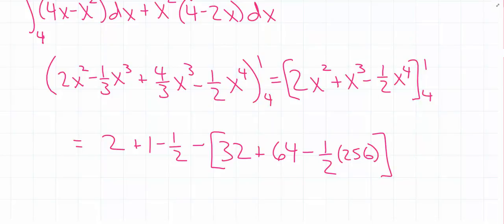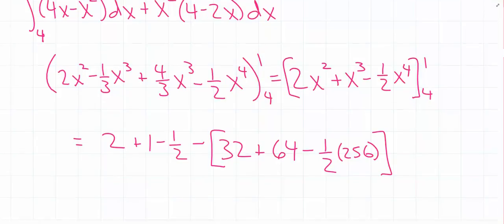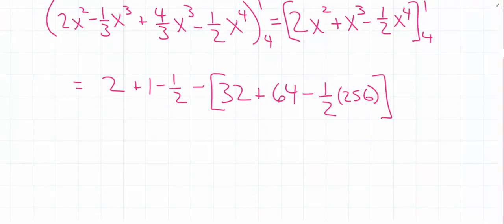Okay. Now let's see, what does that turn out to be? If we work through all that, what we get over here is 3 minus 1/2. That's 2.5, right? Is that 5/2? Okay. So we've got 5/2 here, right? Now let's see what the rest is going to be. Minus 32 and 64. That's going to be 96.